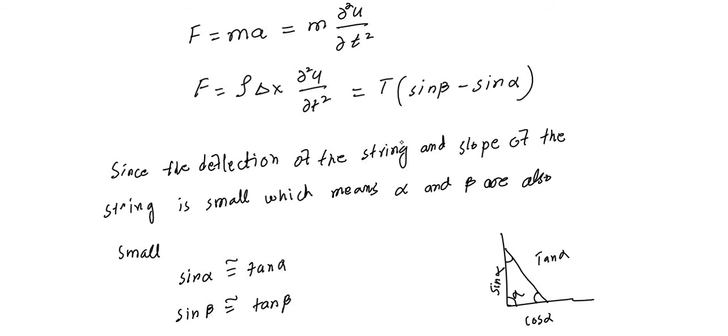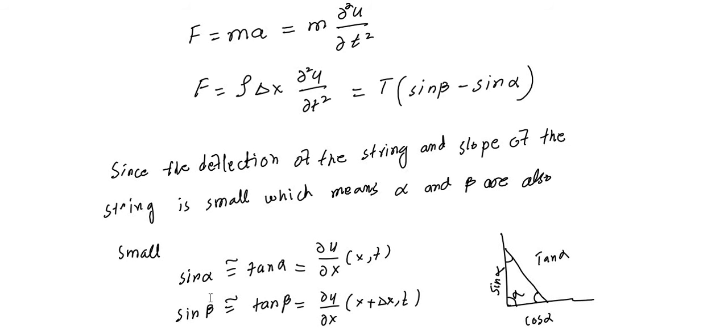So from these you can write this thing equals to the first derivative of u with respect to x, where u is dependent on x and t, and this is again the first derivative of u, and u is dependent on x plus delta x and t.